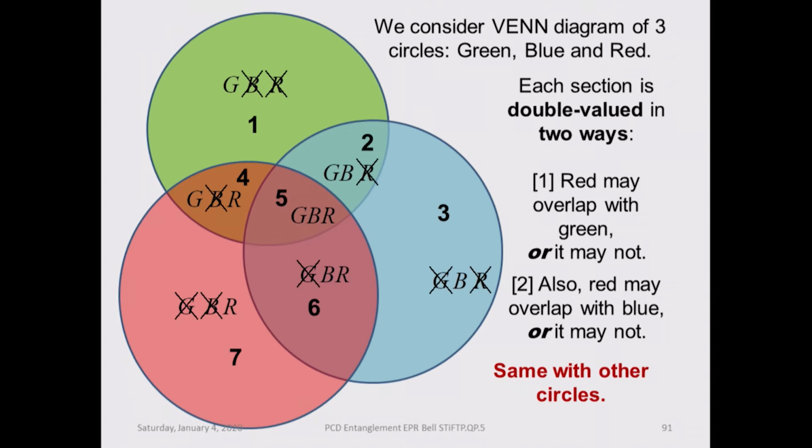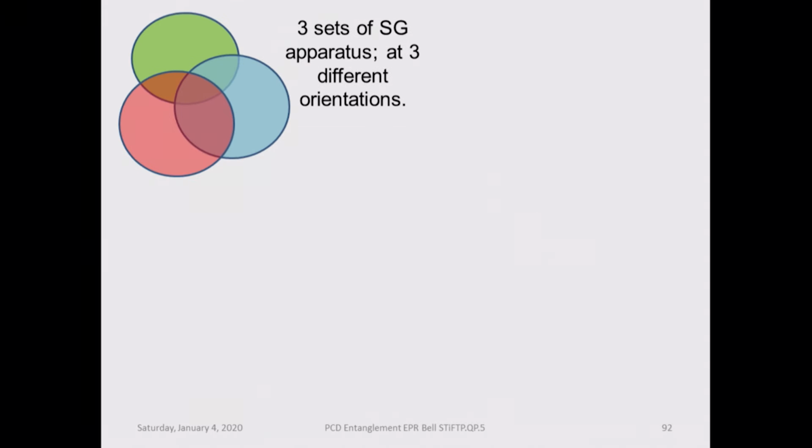So, it is the same with other circles, and we have 3 sets of apparatus, and now we are going to draw one-to-one correspondence between those 3 apparatus, which is why I was coloring them from the very beginning. They did not need those colors, but we are going to use this association now. So, we have 3 sets of apparatus at 3 different orientations, okay?